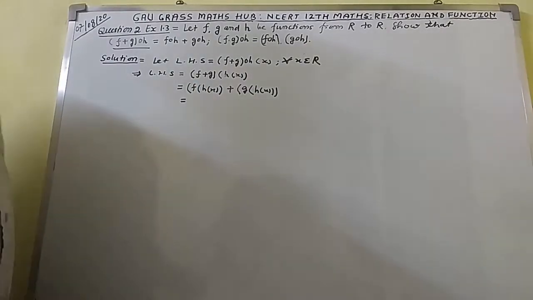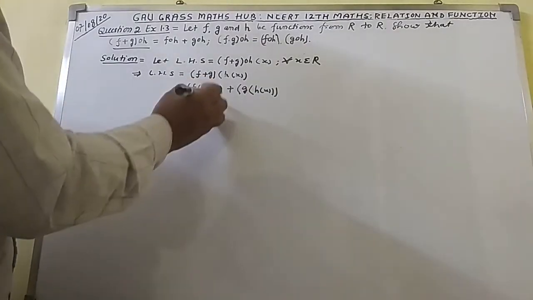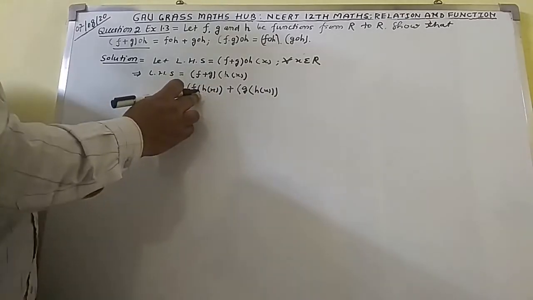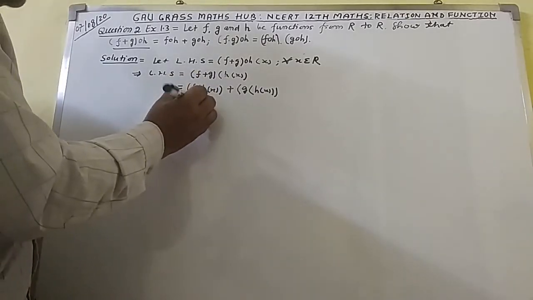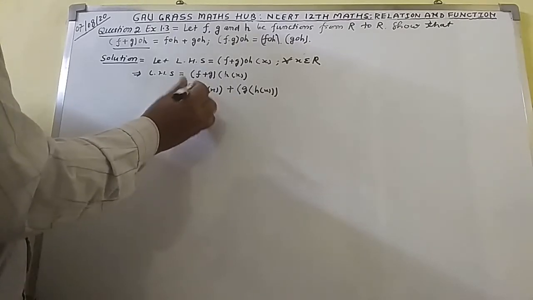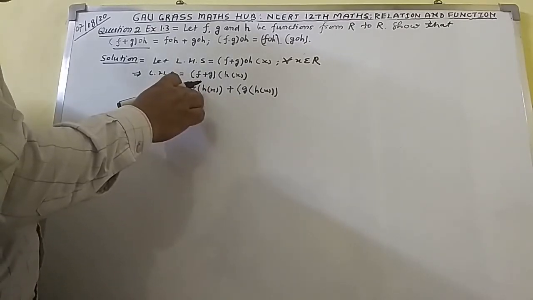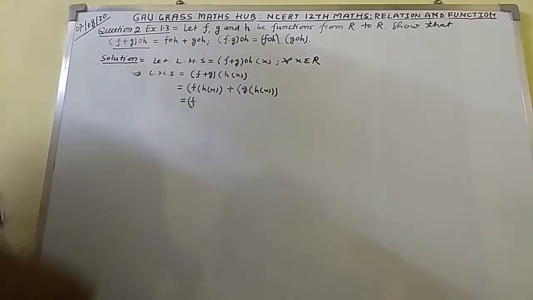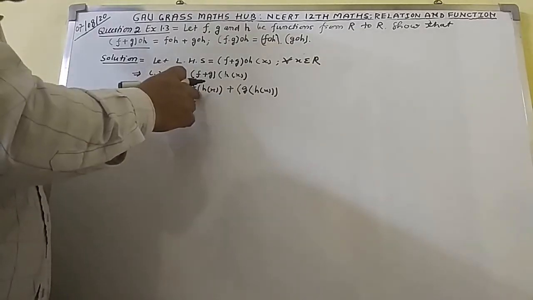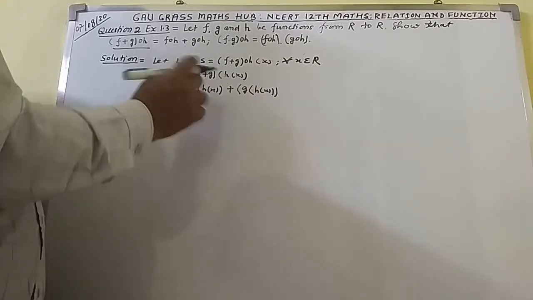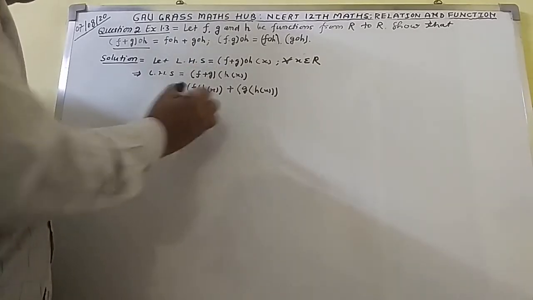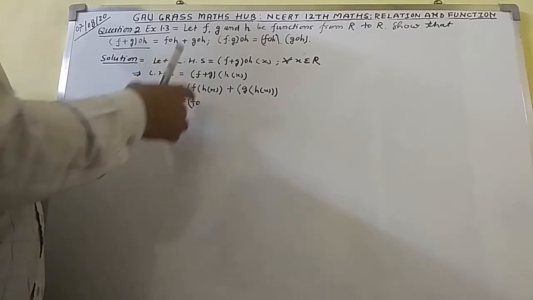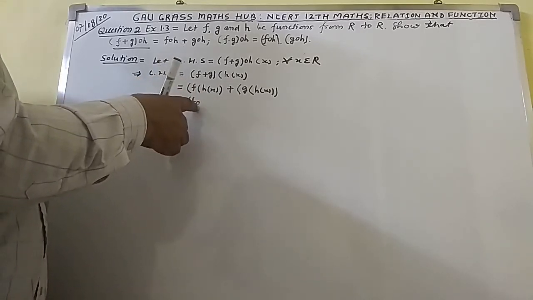Equal to. Now here you can see the half circle bracket is there. So here write small f, and the half circle bracket will be converted into small o. In place of the half circle bracket, you will write small o.